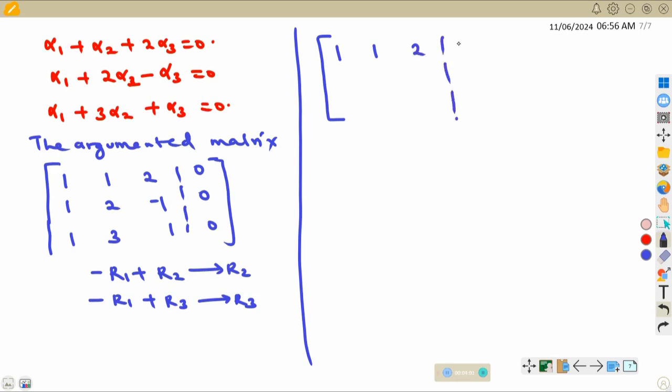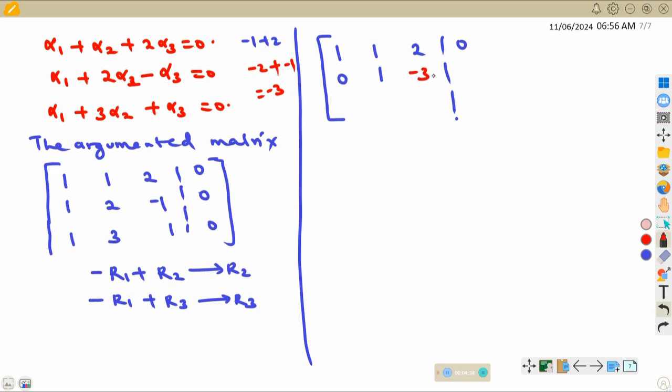Negative 1 plus 1 gives us 0. Negative 1 plus 2 gives us 1. Next, we have negative of 2, and negative of 2 plus negative 1 gives us negative 3.